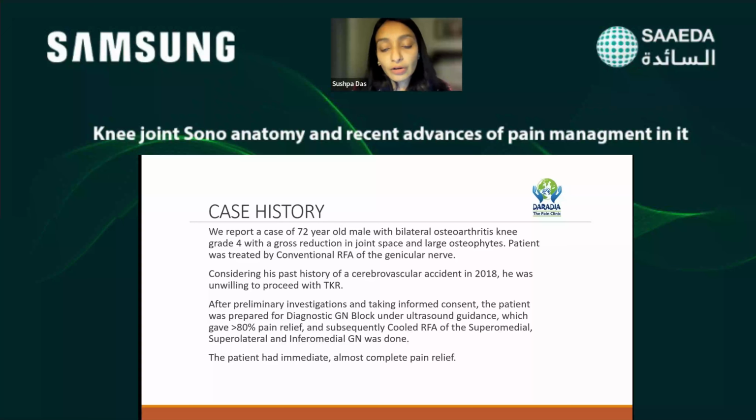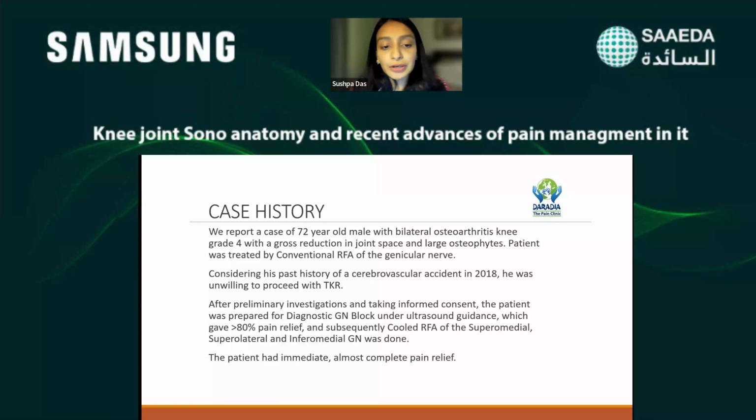There will be a lot of irregularities within the surface of the bones, and large osteophytes can be seen. And conventional RFA of the genicular nerve has already been done. He has a long history of cerebrovascular accident in 2018, and is unwilling to proceed for TKR, total knee replacement. So this is particularly an ideal case where we can give radiofrequency ablation.